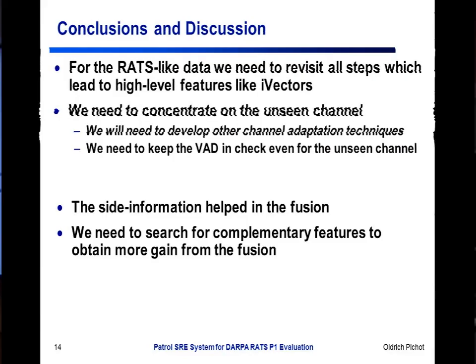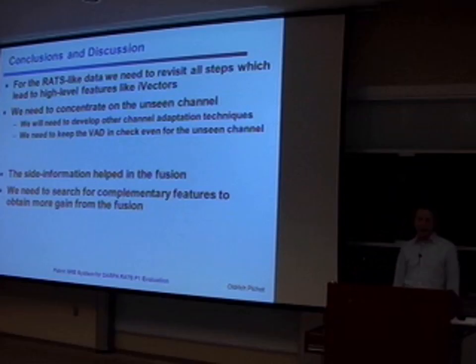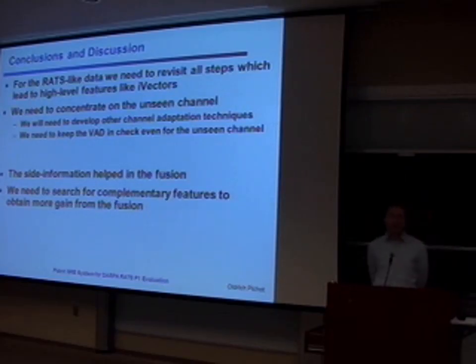I wasn't speaking much about the side information in the fusion, but actually you can use some side information about the recording to even improve your fusion. The side information could be the language spoken or the duration or the actual channel of the recording. We were experimenting with that in the fusion, and it actually also helps. So I think that's the quick overview of the RATS.